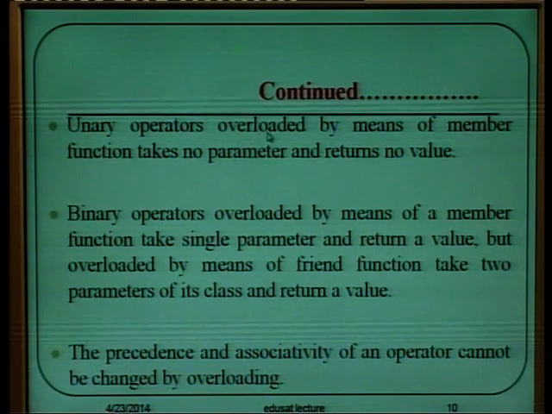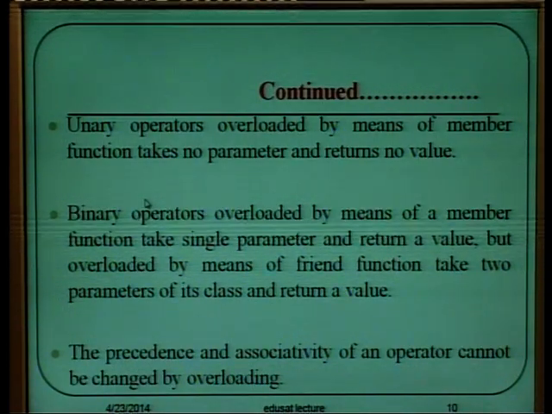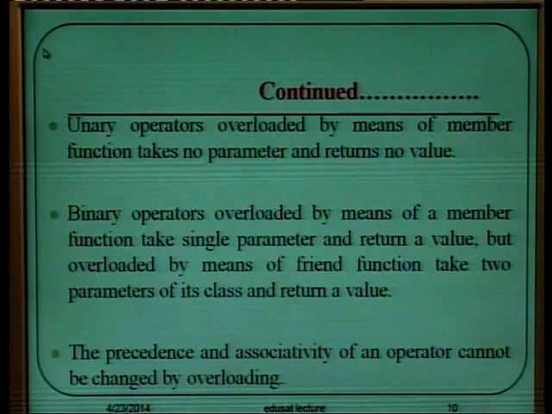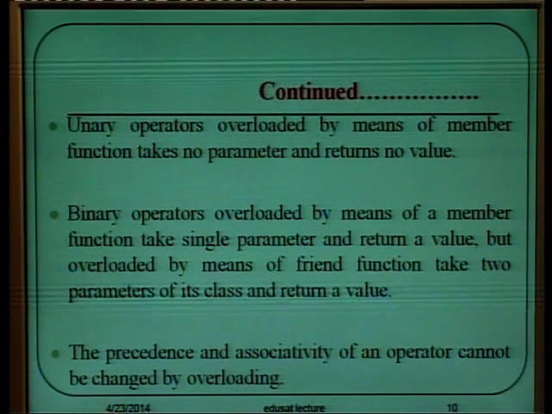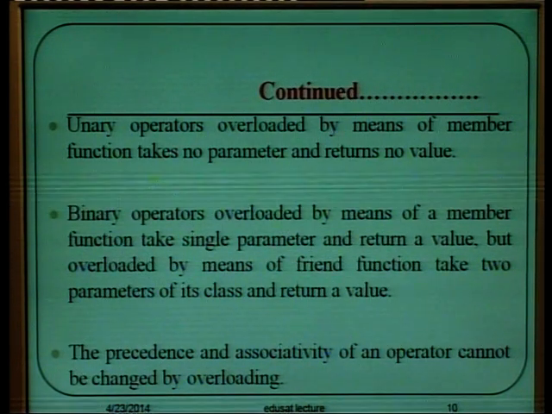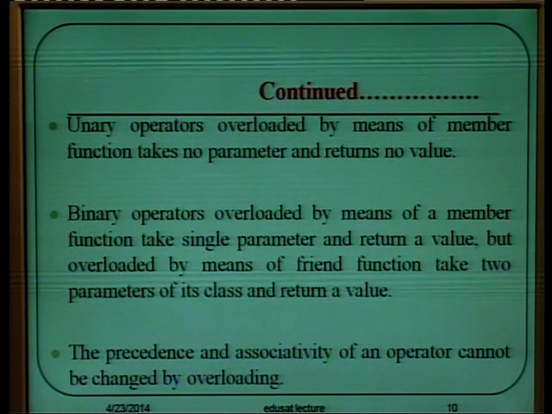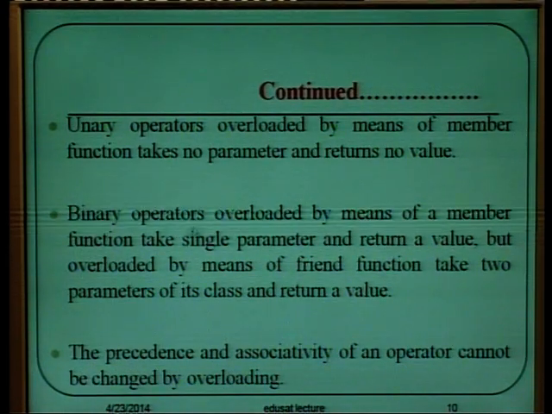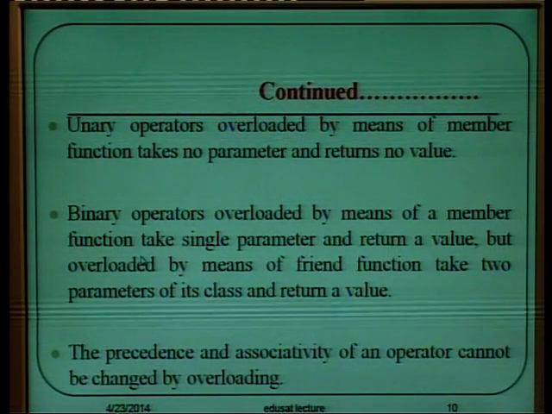Unary operators overloaded by means of member functions take no arguments and no return values. Only in unary operators we don't pass any arguments, no parameters, and they are not returning their values. We have to display that value inside the particular function only. Binary operators overloaded by means of member functions take a single parameter.